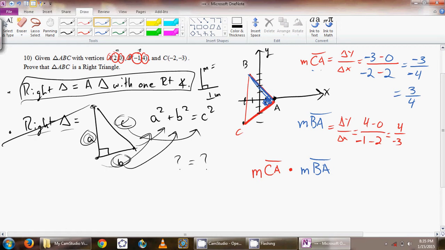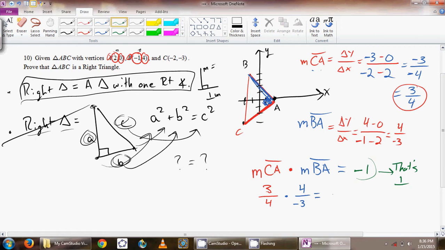If they're perpendicular, my answer should be -1. That's how we show things are perpendicular. So the slope for CA was 3/4, and then the slope for BA was 4/-3.